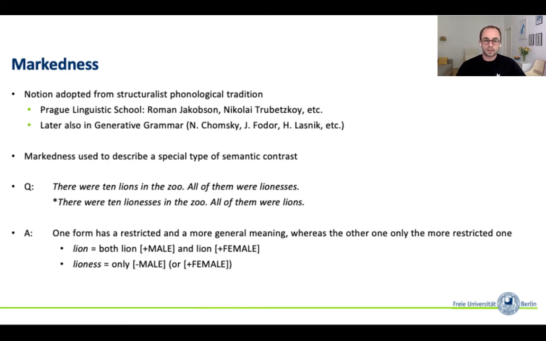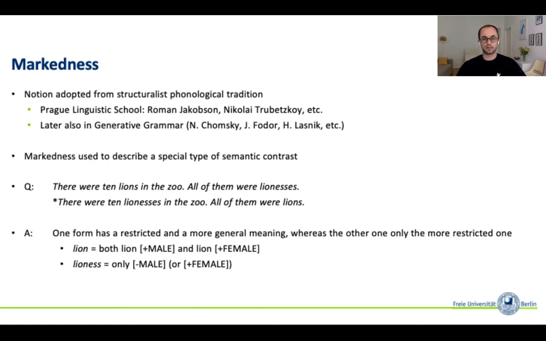And now here is another interesting thing that I'm not going to discuss any further in this video, but it's interesting to think about what features we actually use, right? So for a lioness, what is the defining semantic feature that we use to describe the word? Is it minus male, meaning the absence of a male semantic feature?